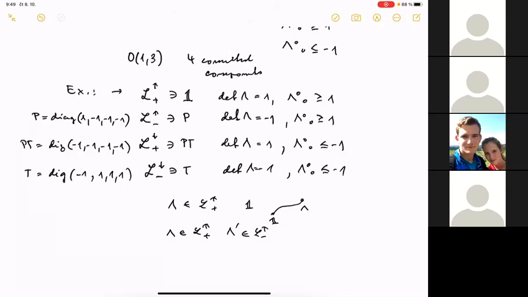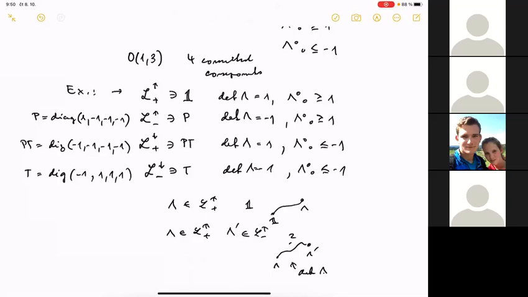Fine. So provided we have two elements from these components of the Lorentz group, there doesn't exist a continuous path connecting them. Since provided this path is continuous, also along this path the determinant of lambda should be continuous.